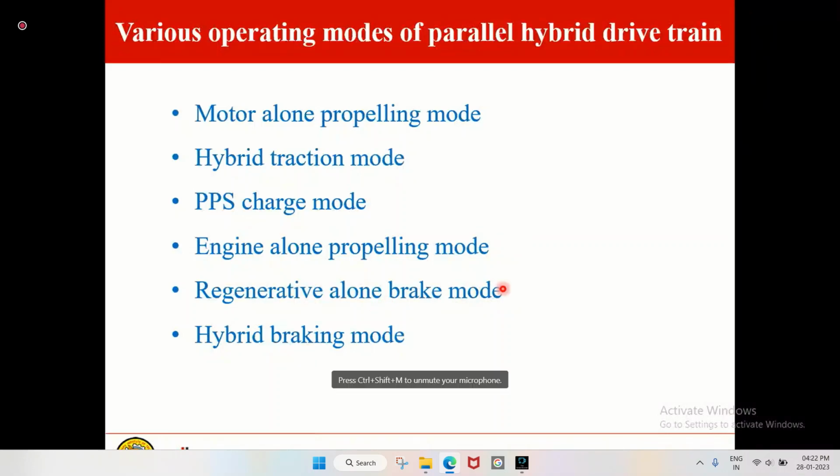Regenerative alone brake mode, where only regenerative braking is used, and hybrid braking, that is a combination of regenerative and mechanical braking. So again, I just want to bring it to your notice that there are multiple modes of operation possible with hybrids. And that is again the beauty of hybrids. This is possible because we are talking about two powertrains, the ICE engine powertrain as well as the electric powertrain.